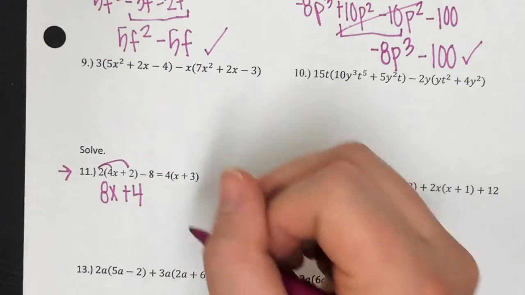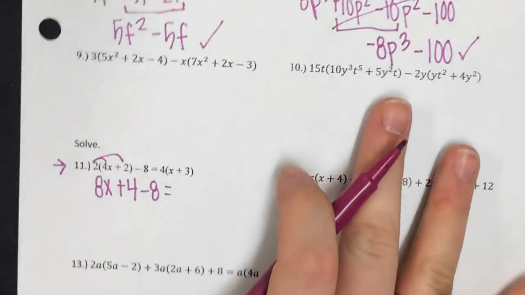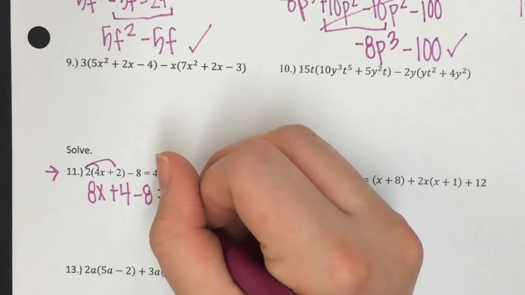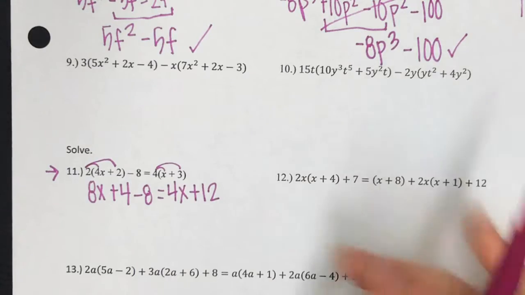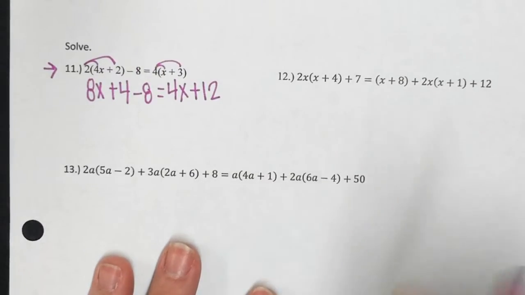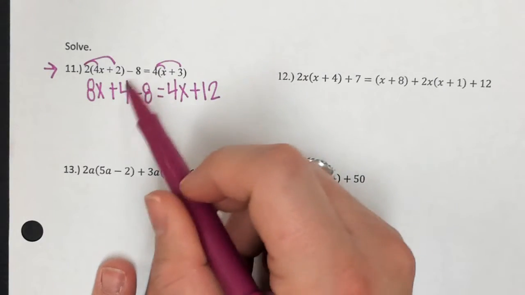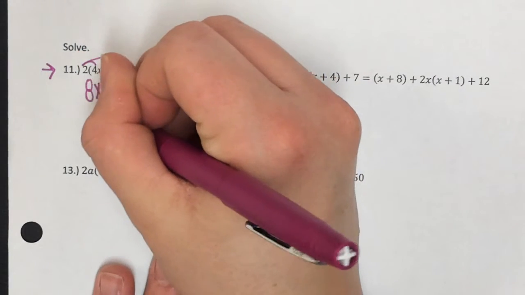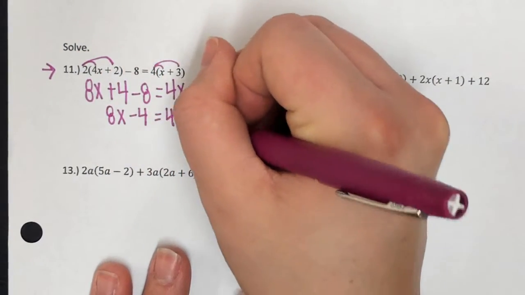Bring down your minus 8. Nothing touched it, just bring it down. Now we have 4x plus 12. If I were you, I would go ahead and take care of this first. 4 minus 8, negative 4, 4x plus 12.